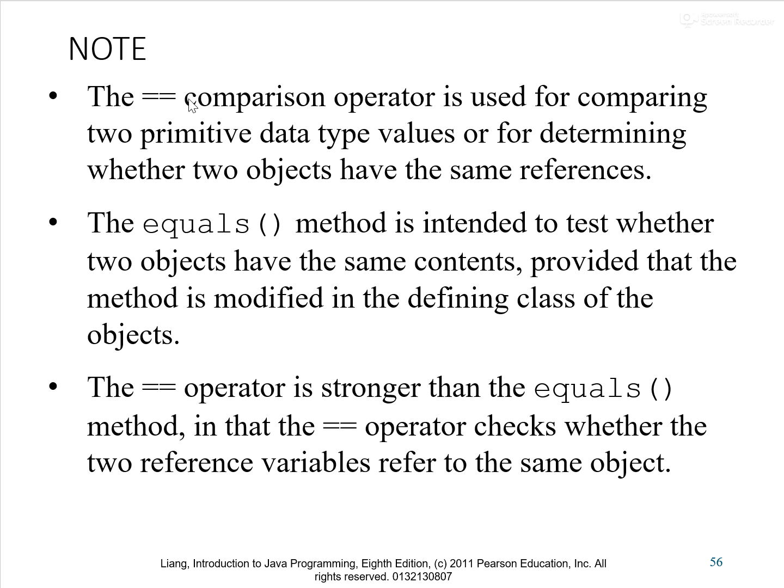You use that for comparing primitive data types, so number versus number, long versus long, integer versus integer, string with string. But if we want to compare all the data members of one object with all the data members of another object, for that we use this equals method, which we really have to write ourselves. Okay, but it is inherited from the object class, and just like the toString method, we override the equals method that we receive from the object class as well.